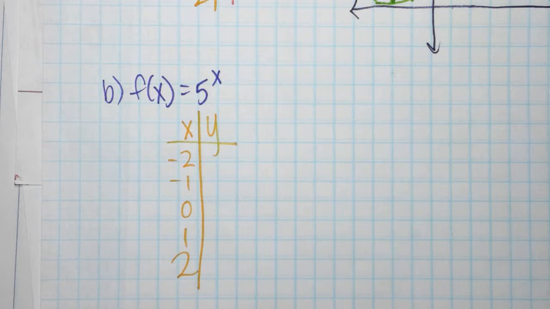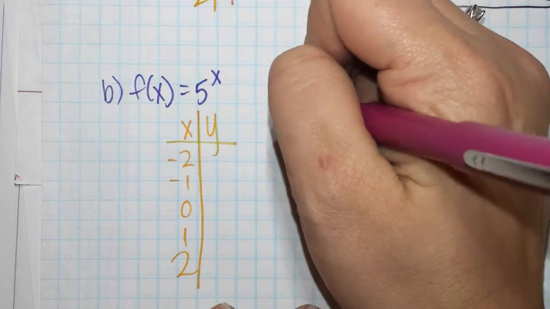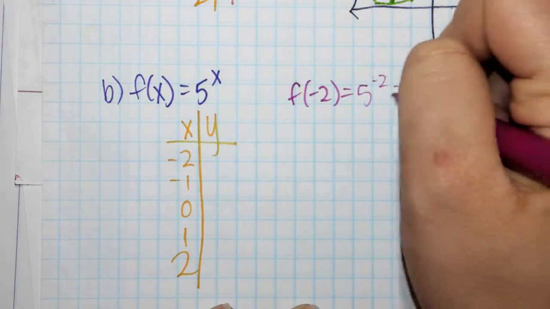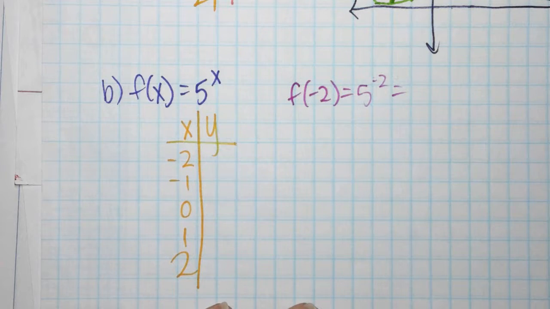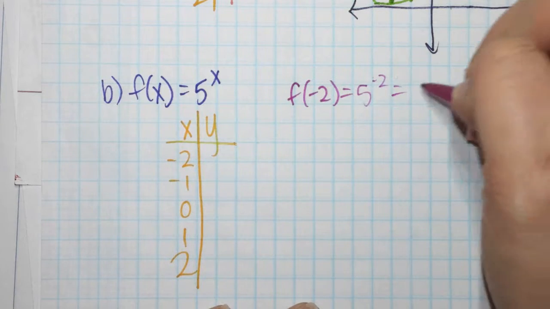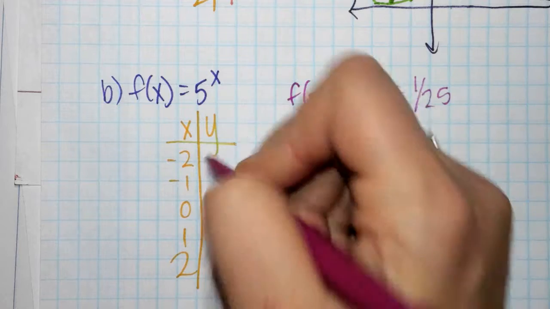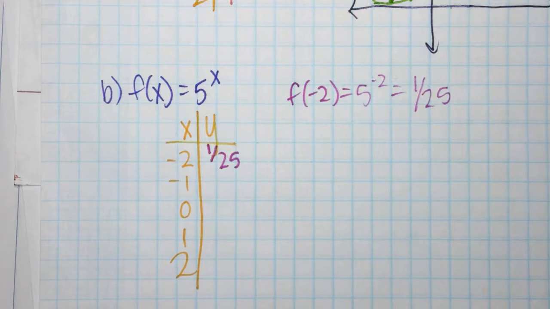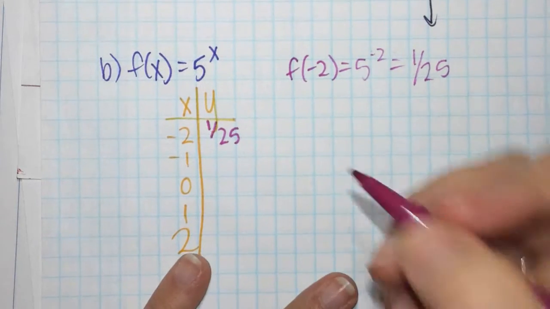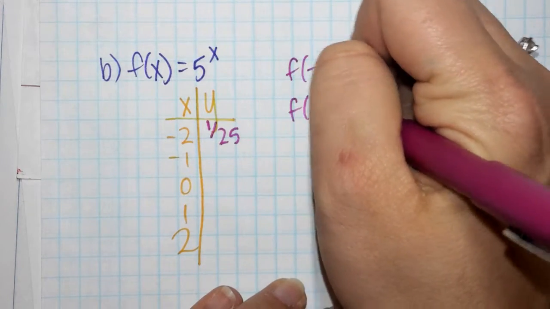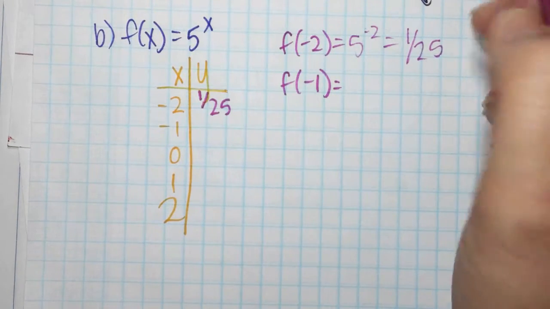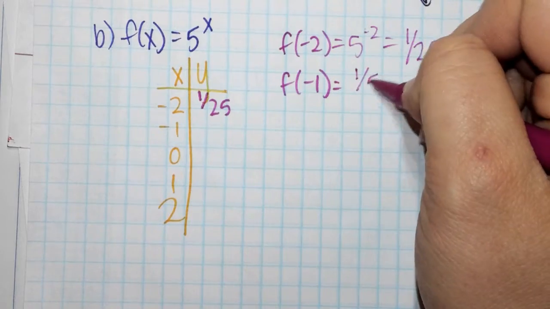We got the first one. What did you get, Maggie? 126. Look at you go. Take a point. Who has the next one? 1/5.